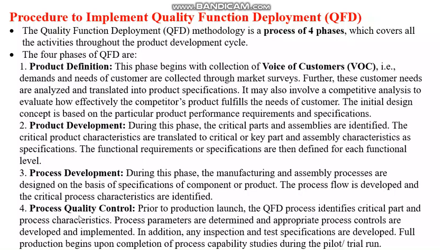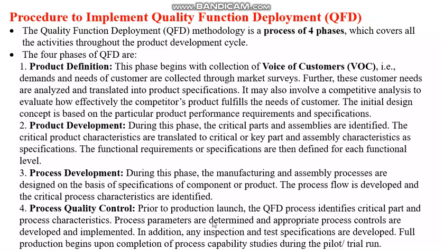And then finally in the fourth stage, process quality control. Prior to launching the production, the QFD process identifies the critical part and process characteristics. Part characteristics we found out in the second phase, and in the third phase we found out the process characteristics.